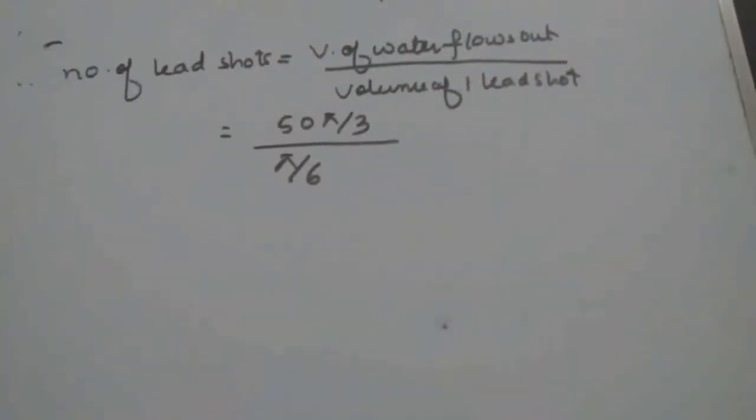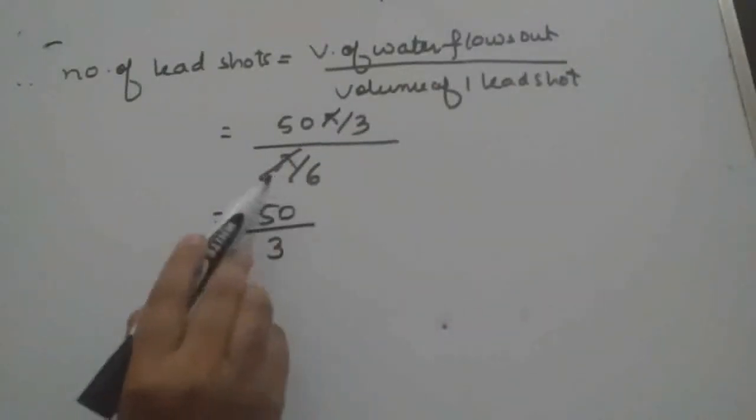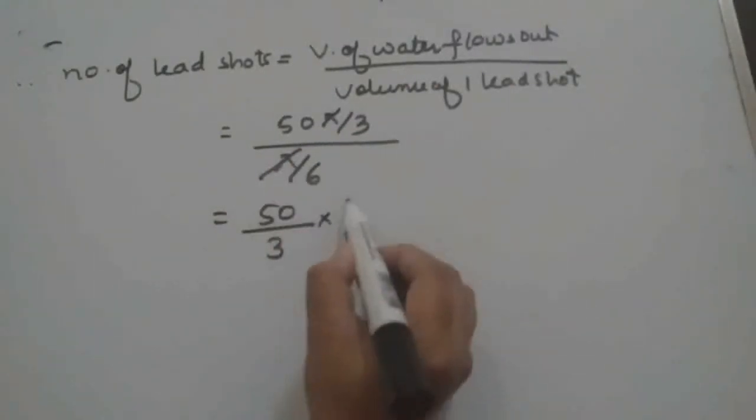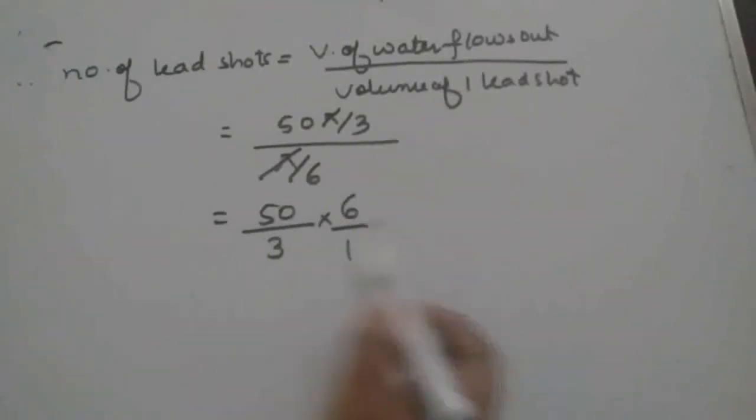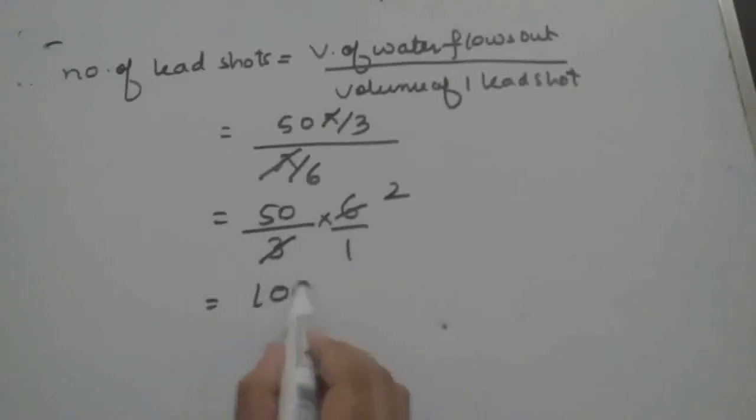See, this pi will go, 50 by 3 and this is 1 by 6, so it will become 6 by 1, the reciprocal. So 3 2s are 6, 50 into 2 is 100. So this is the answer.